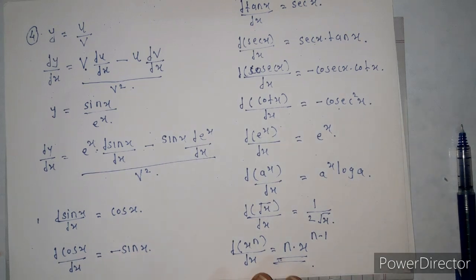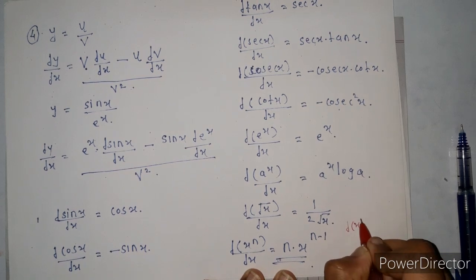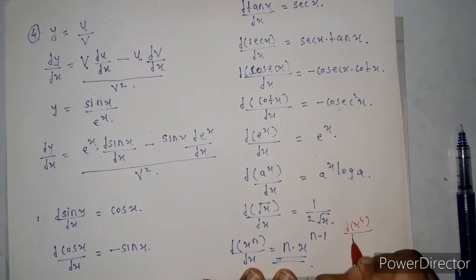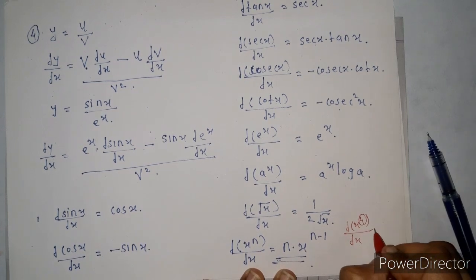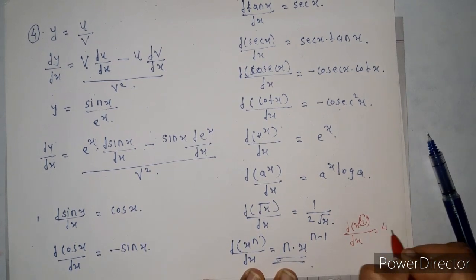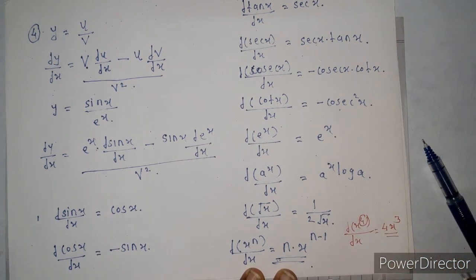For example, when we have to find out the derivative of x raised to 4 with respect to dx, here n equal to 4. So derivative of this is n means 4, x raised to 4 minus 1, that is 3. So these are the basic formulae, these are the basic rules of differentiation.